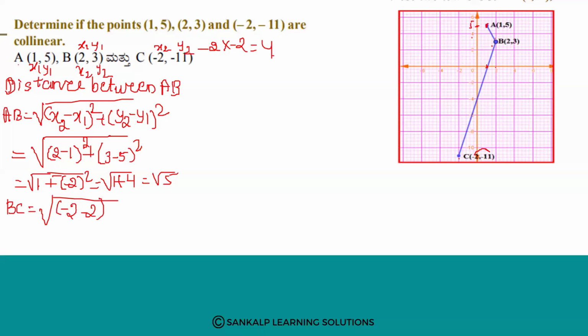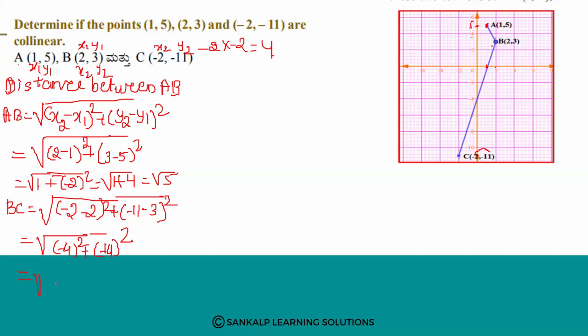So (x2 minus x1) is minus 2 minus 2, that is minus 4 whole square, plus y2 value minus 11 minus y1 value 3, that is minus 14 whole square.